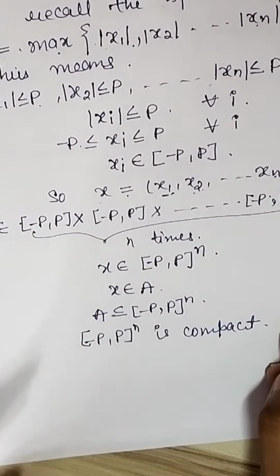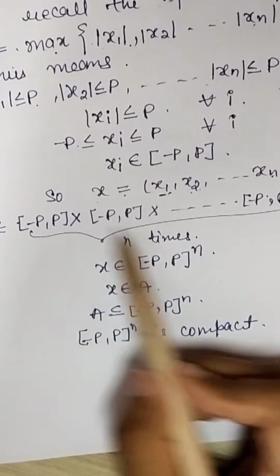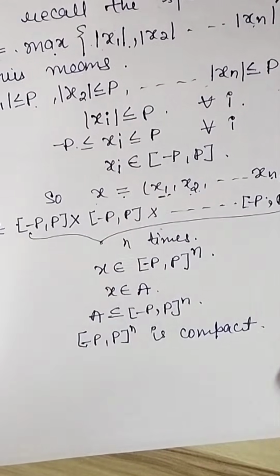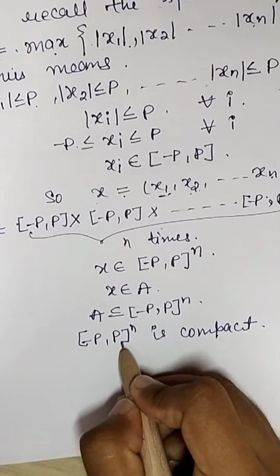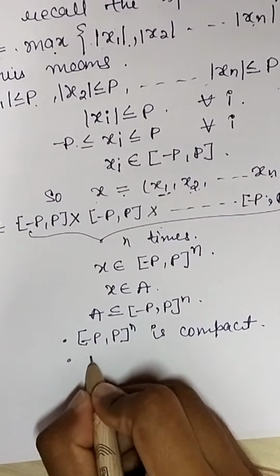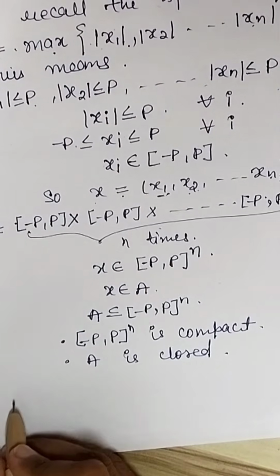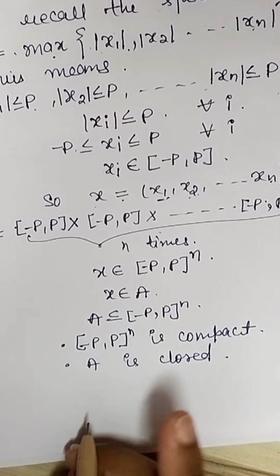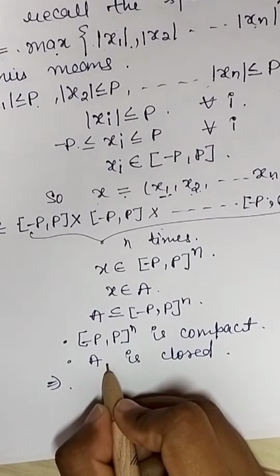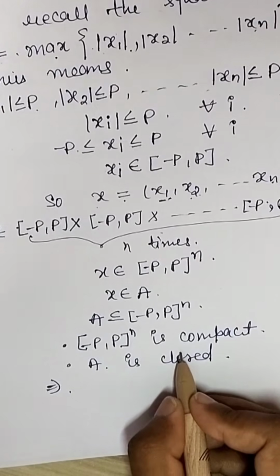Therefore, minus p comma p to the power n is compact, and A is closed. So a closed subset of a compact set is compact. A is a subset of Rn.